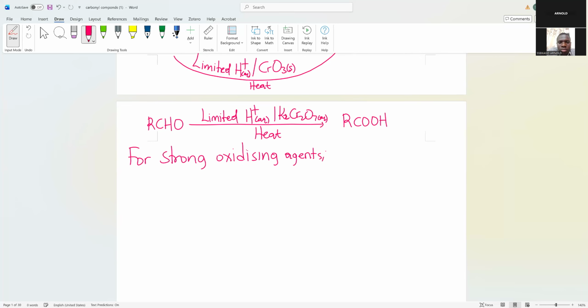So we have RCHO and the potassium dichromate 6 acidified with dilute sulfuric acid.